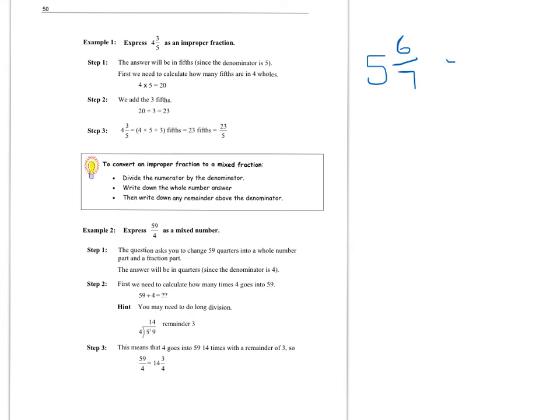That's the mixed number. We're going to turn it into an improper fraction, which will be out of 7. So 7 times 5 is 35, plus the 6, 41/7 is the improper fraction.